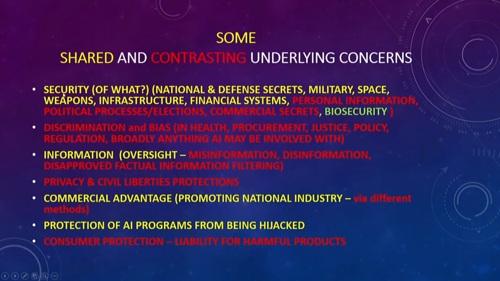Security was one that everybody had, but for different things. Everybody's worried about finances, infrastructure and national security. Not everybody is worried about personal information. On political process and elections, it tends to depend on whether you're a democratic jurisdiction or not. Most everybody was worried about commercial applications and fairness, as well as commercial secrets and competitive advantage.